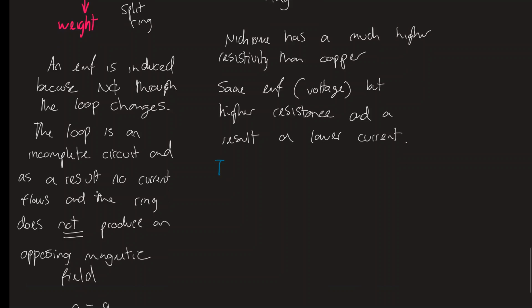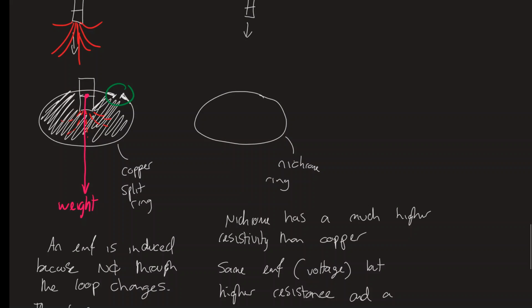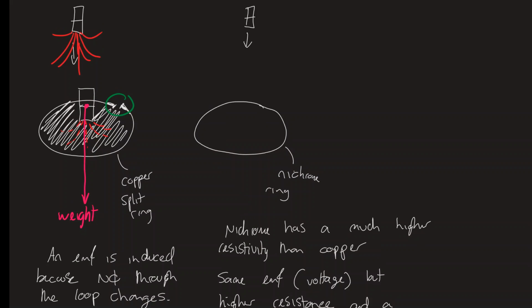The size of the current controls the size or the strength of the magnetic field. And I'm now talking about the magnetic field of the loop. So it controls just how much the loop is able to push back against the magnet. So when this is pretty much sitting on the plane about to go through the loop, there is still a magnetic force. It's important to show that it's small.